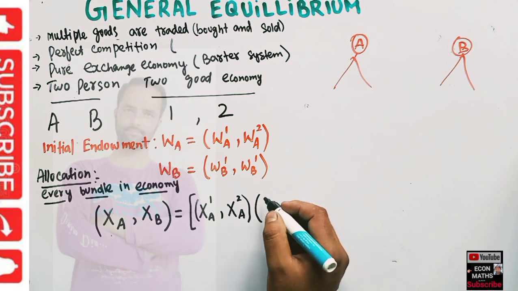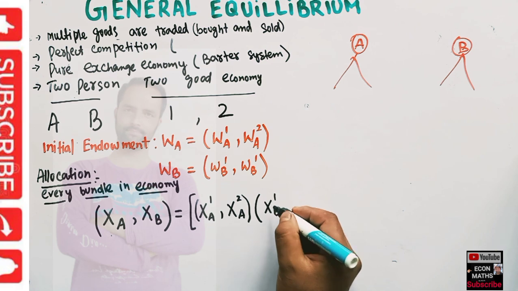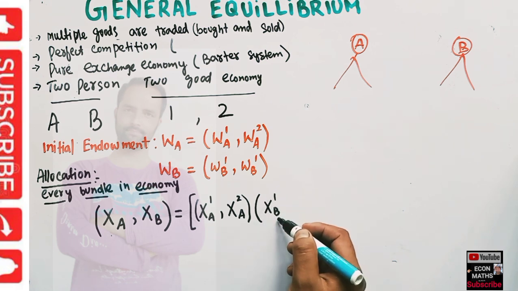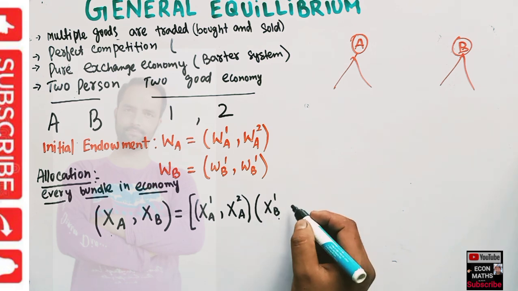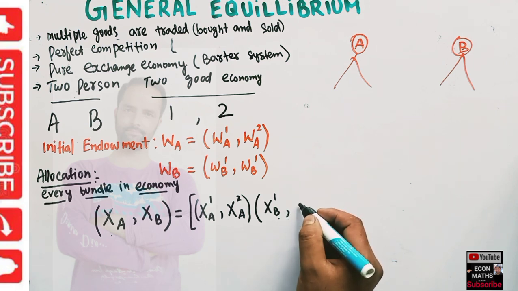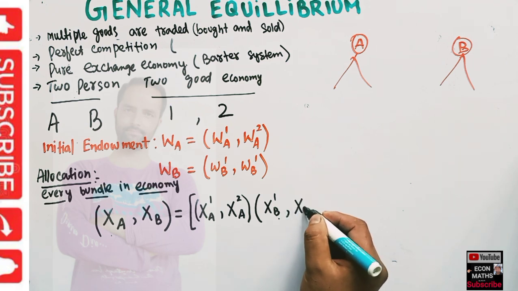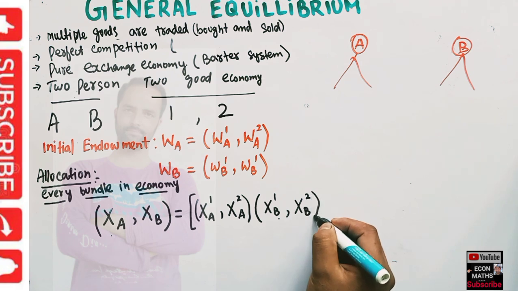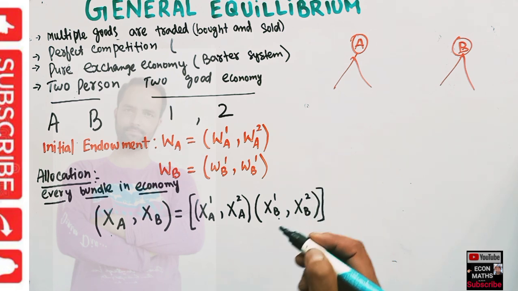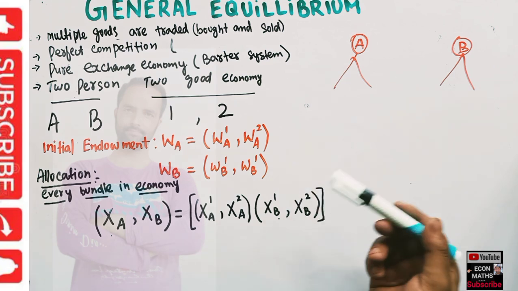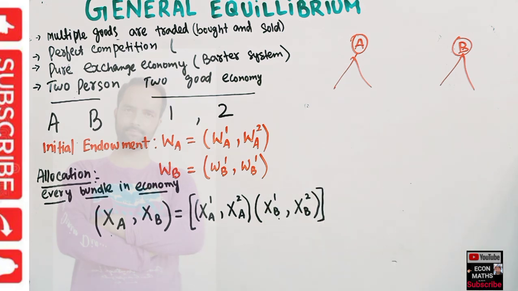Similarly, for XB we have XB1, units of good 1 for consumer B, and XB2, units of good 2 for consumer B. This shows us an allocation, and I will explain in this video where we will require this kind of allocation, and what exactly it means.